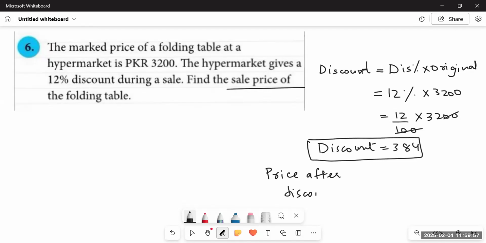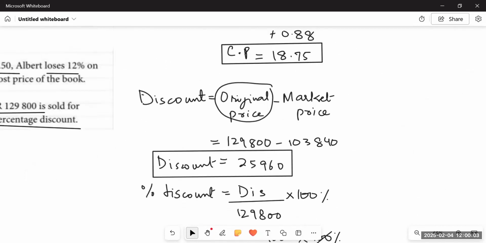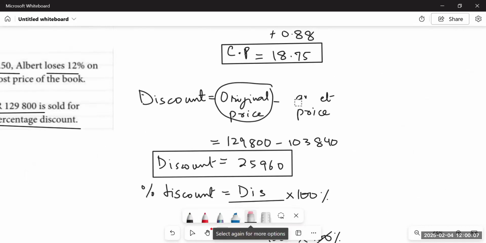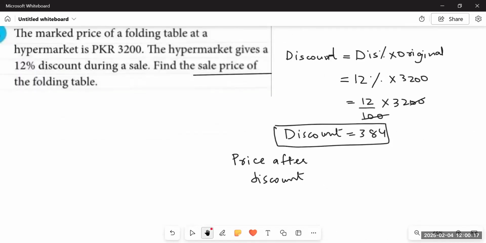In the previous question, we can also say that the market price and the original price are the same. So instead of writing market price, we will write sale price, right? That would be better. Or you can write it as sale price after the discount. Both are correct.